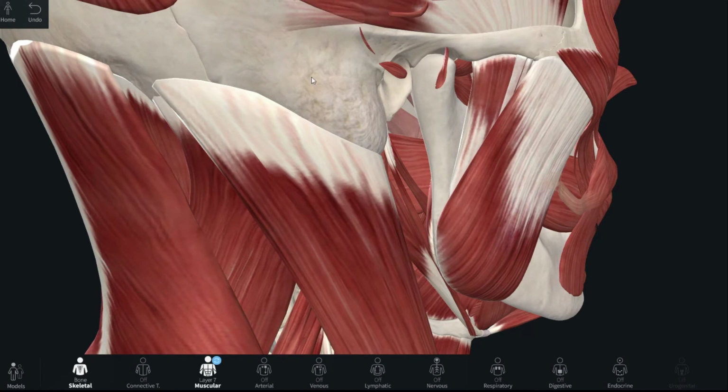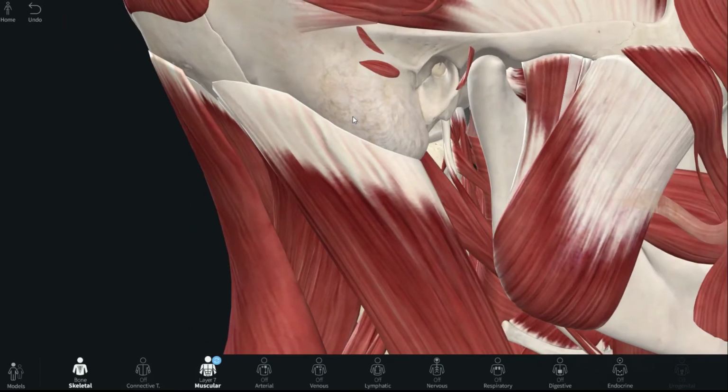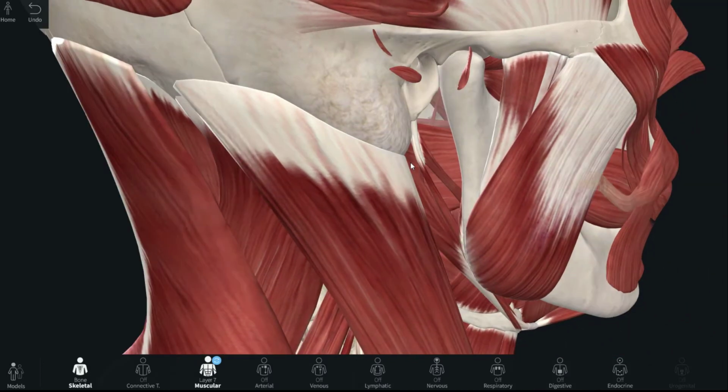Anyways, the sternocleidomastoid gets inserted by a thick tendon to the lateral surface of, what did I say over here? What was the imaginary line joining these two things? Yes, this was the angle of the mandible and this was the mastoid process. So this here is the mastoid process of the temporal bone.